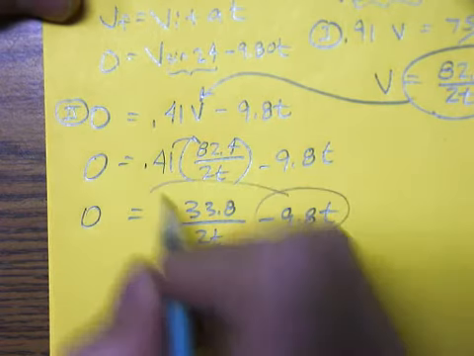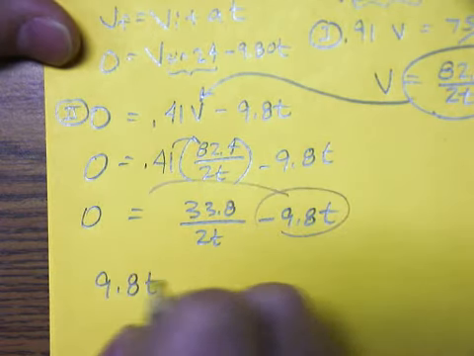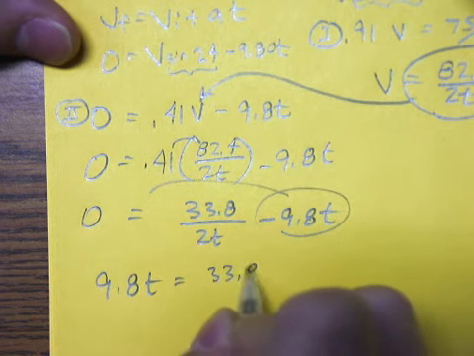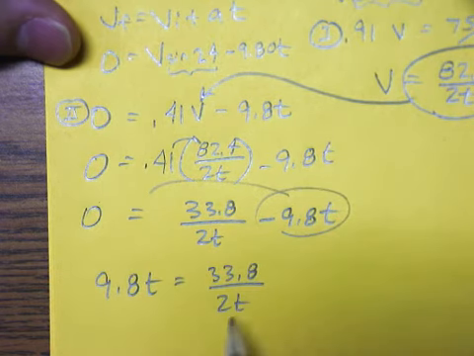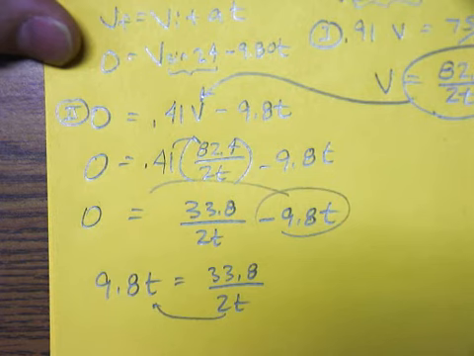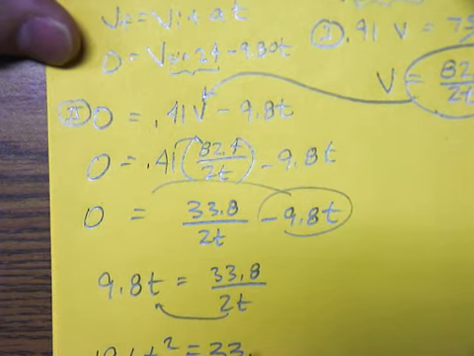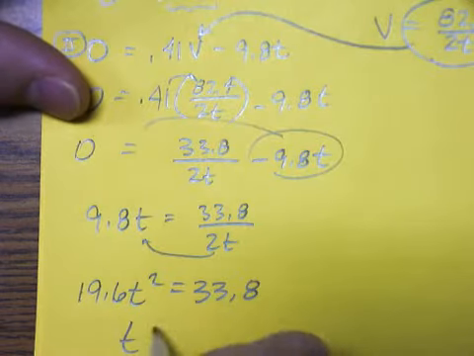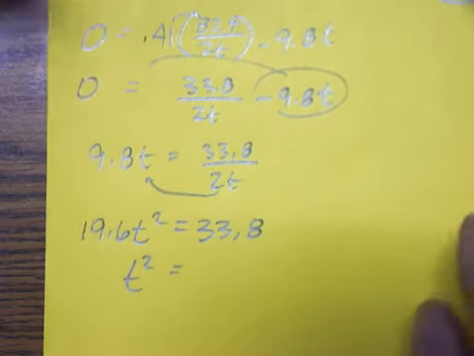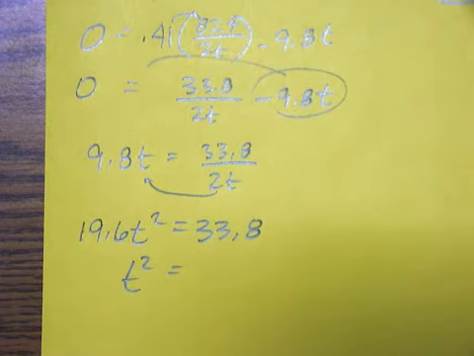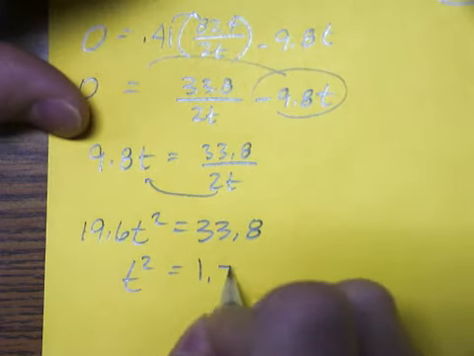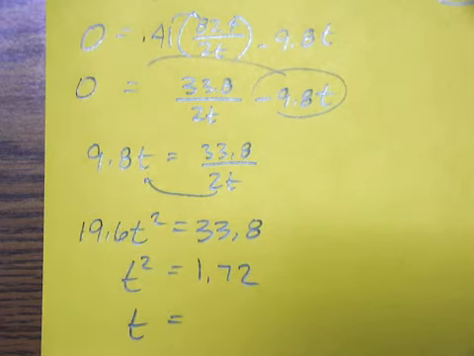Now I'm going to move the 9.8t over, so I get 9.8t equals 33.8 over 2t. Now I'll multiply the t over. So I get 19.6t squared equals 33.8. Now I'll divide by 19.6. So 33.8 divided by 19.6 is 1.72. So t finally is 1.3.